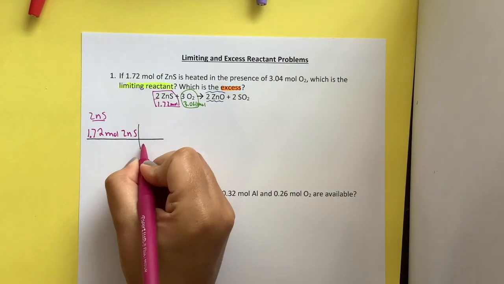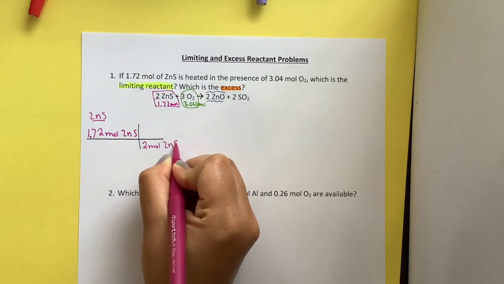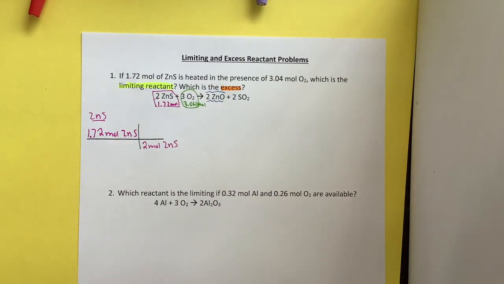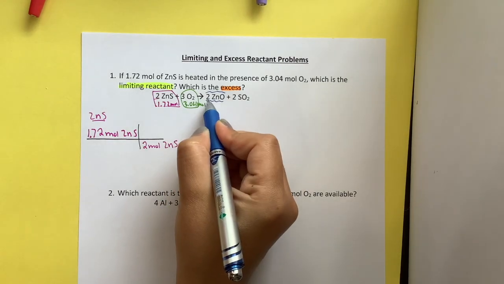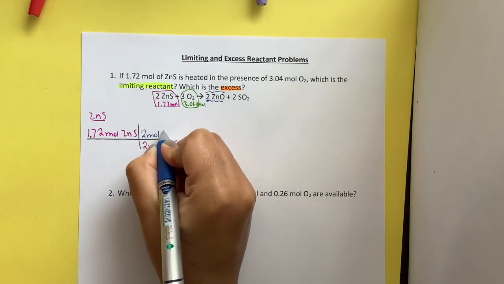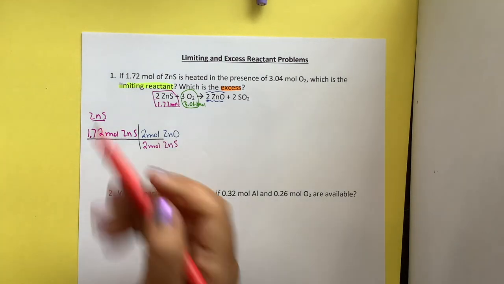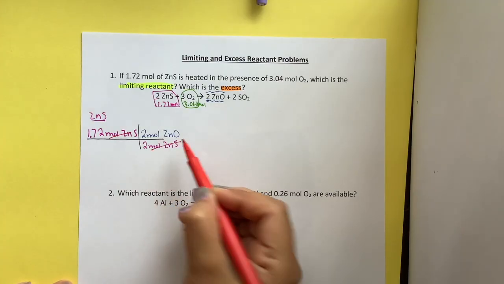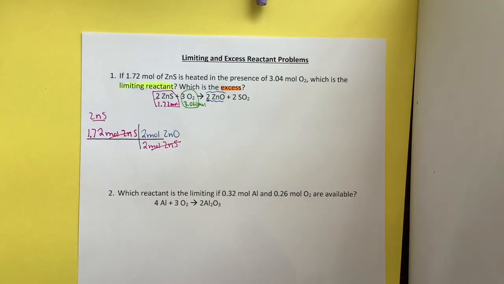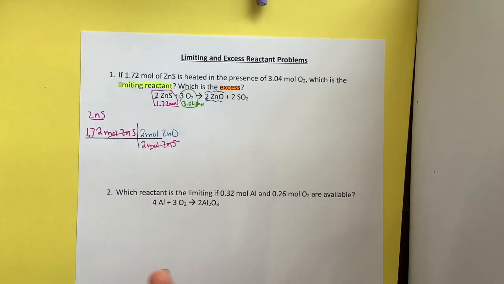So I have 2 moles of zinc sulfide for every 2 moles of zinc oxide. Like this, moles of zinc sulfide cancel out. I could go to grams, but in this case, since they're just asking me about the limiting and the excess reactant, I'm just going to stop in moles.